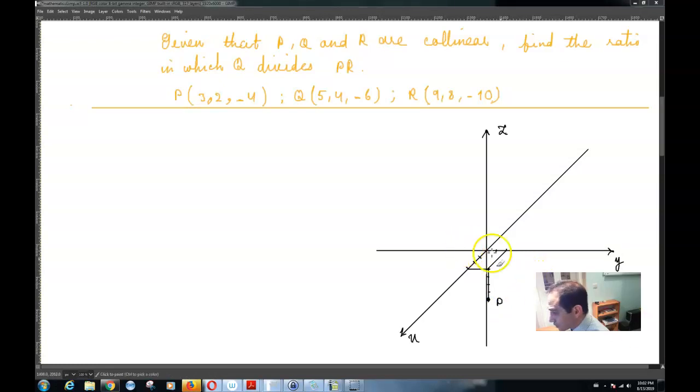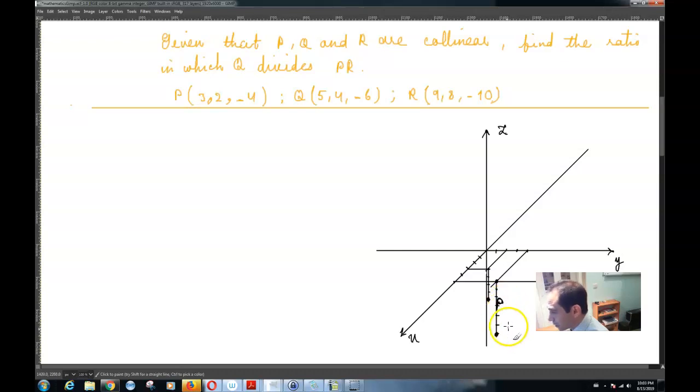Now, this is point P. The point Q is 5, so 1, 2, 3, 4, 5, then 4, so 1, 2, 3, and 4, and -6, which is 1, 2, 3, 4, 5, and 6.